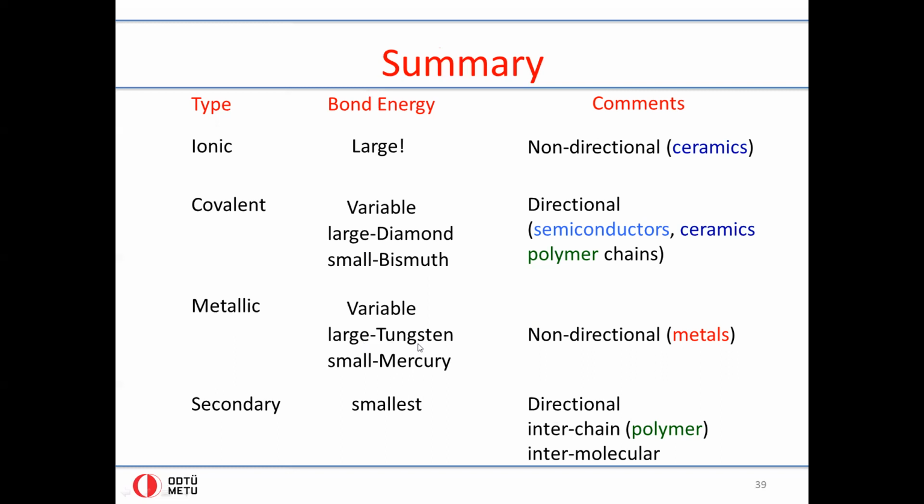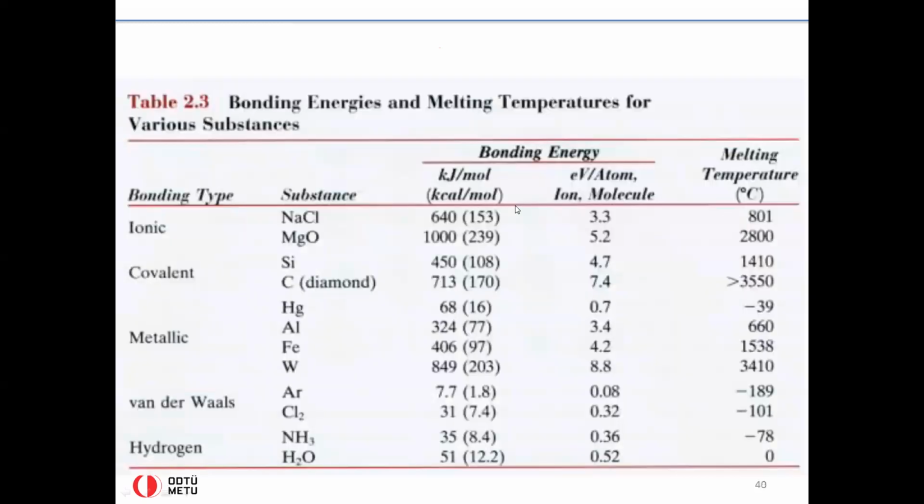Also for different types of metals, tungsten, quite high energy, quite strong pull between the atoms, between the two metallic ions. Mercury, liquid at room temperature, indicating that the pull between the atoms must be small, but very small for its secondary. And then you look at certain properties, you see non-directional, but for these you have a different coming together rule, a directionality as discussed in the previous slides.